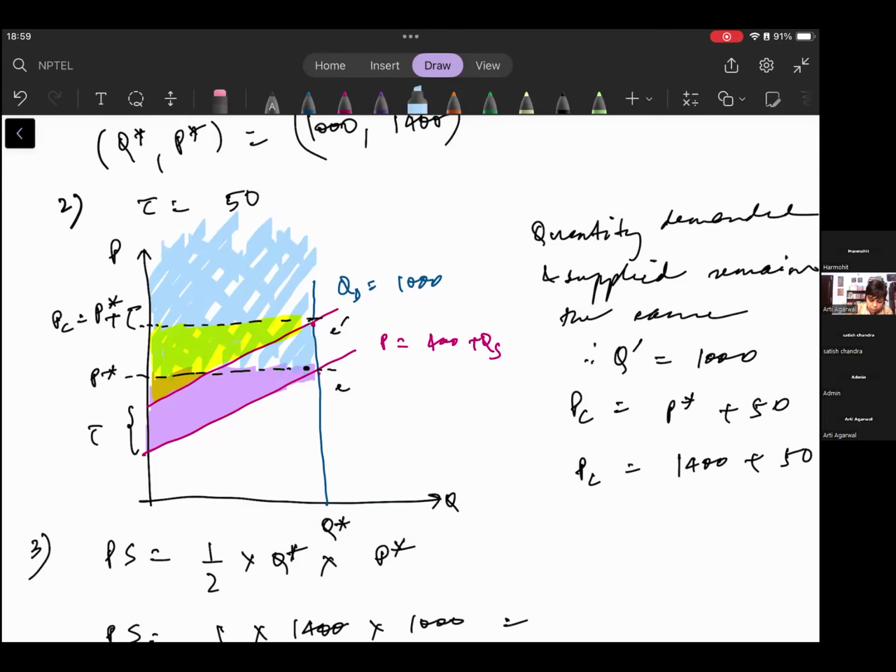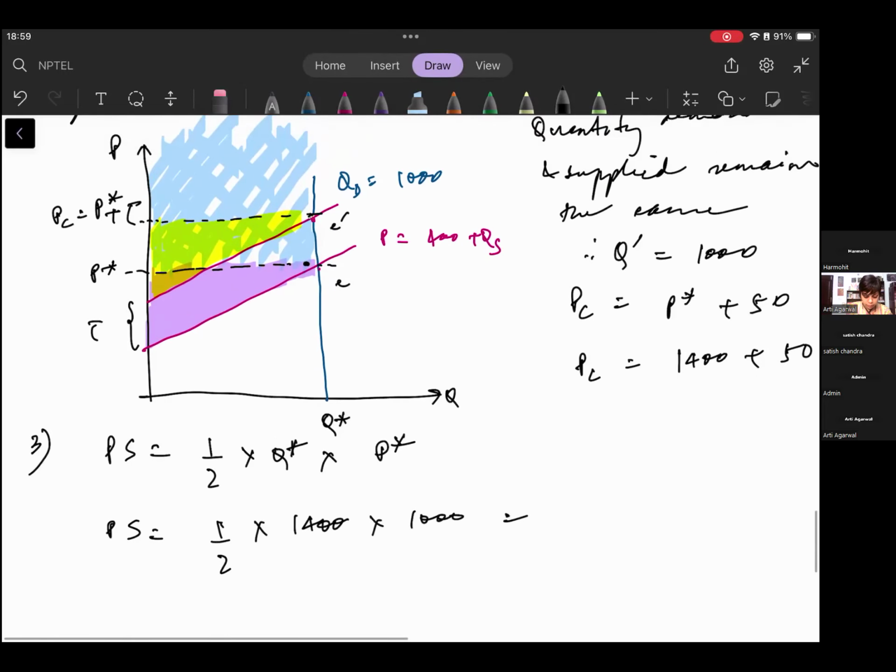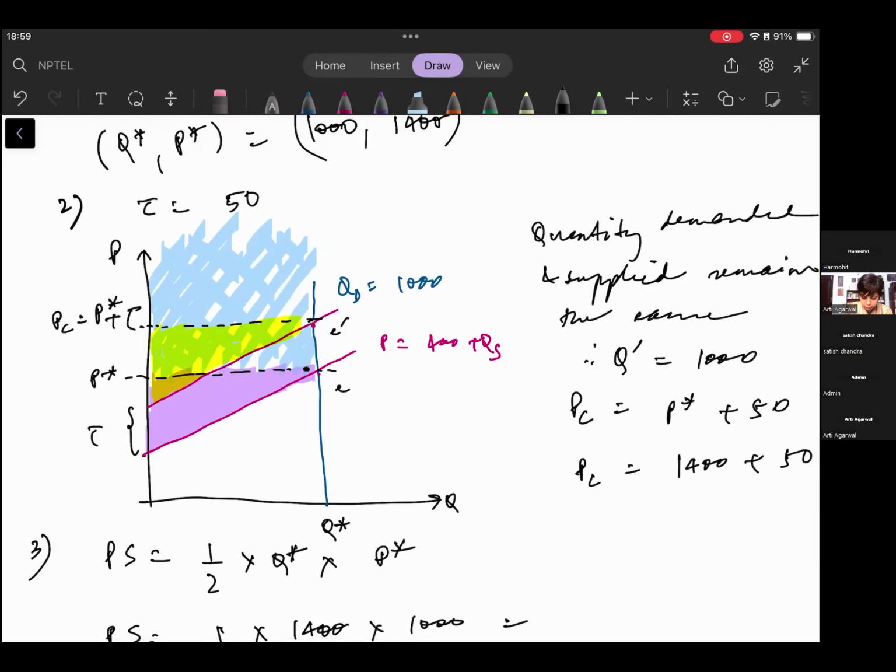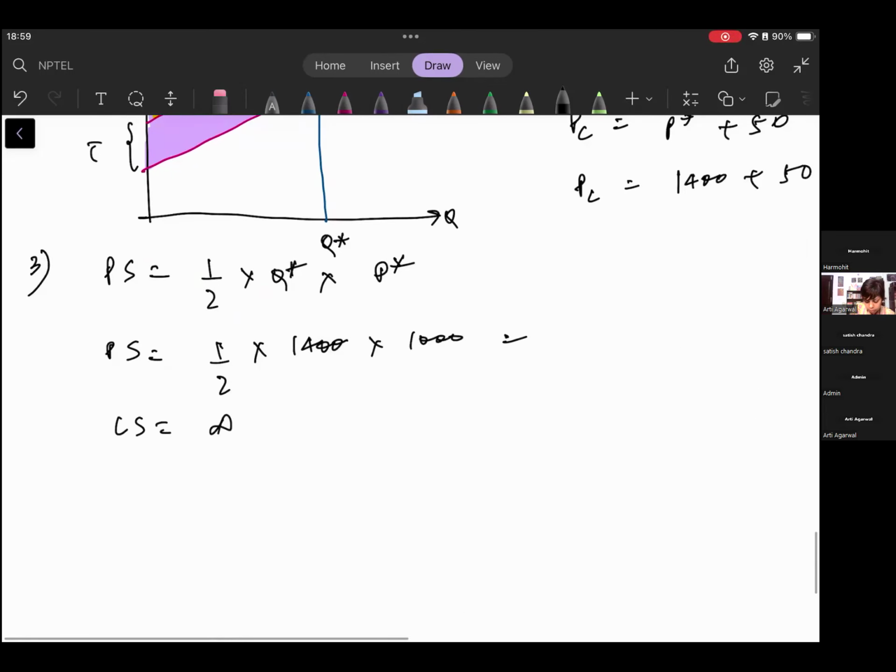This hashed part is all consumer surplus. When the supply curve shifts, this much part is getting lost in terms of surplus to the consumer. But because the surplus itself is infinite, infinite minus x is also infinite. Therefore, consumer surplus is just infinity. There is no other calculation involved here.